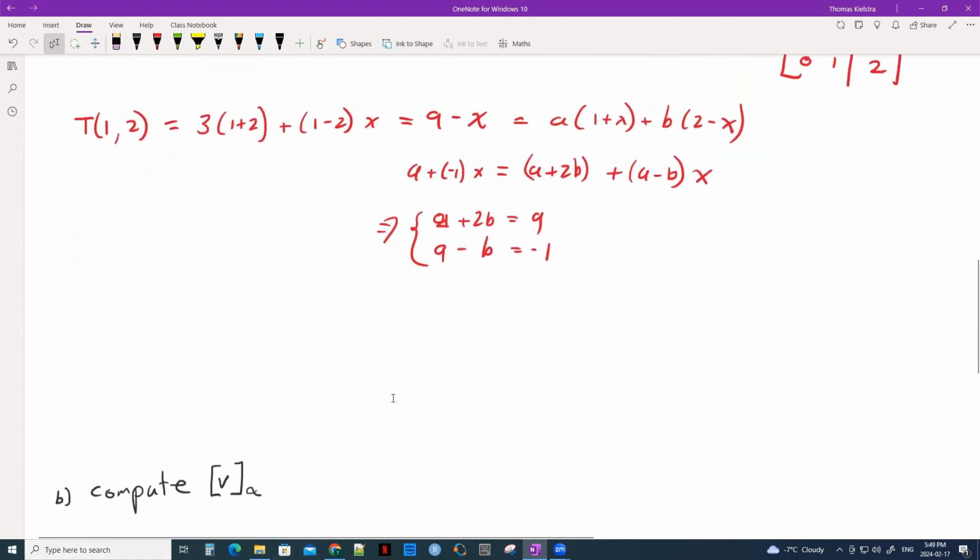And this is going to give us the following augmented matrix for this system of equations: 1, 2, 9, 1, minus 1, minus 1.